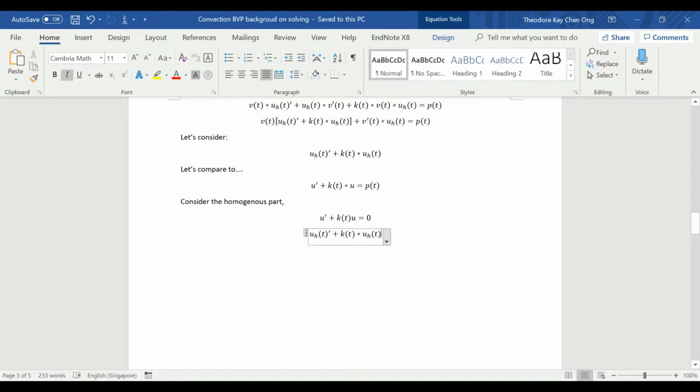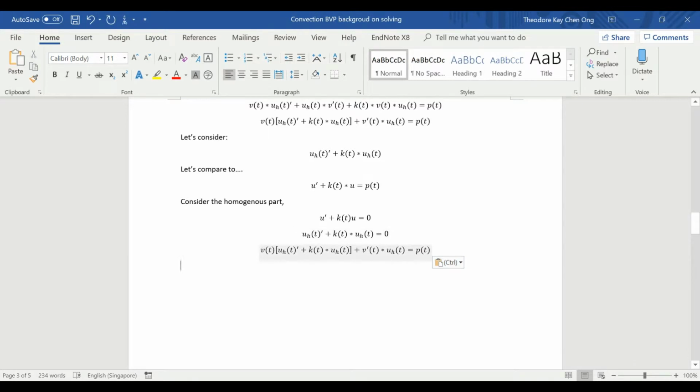And since it's exactly equal to the left hand side, this whole thing equals 0, which is very convenient for us. So since this is 0, we can just cancel the terms on the left, and we are left with this.